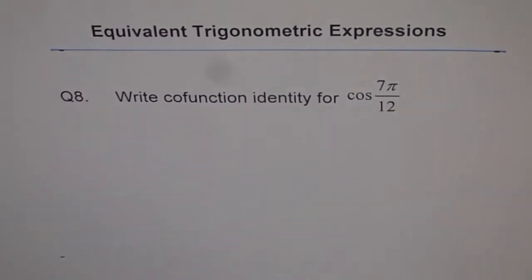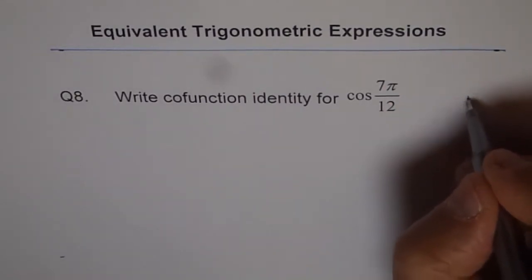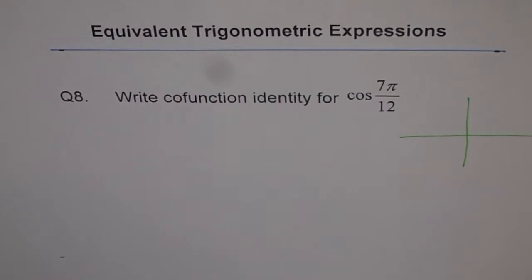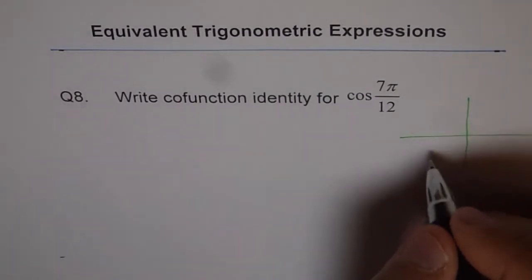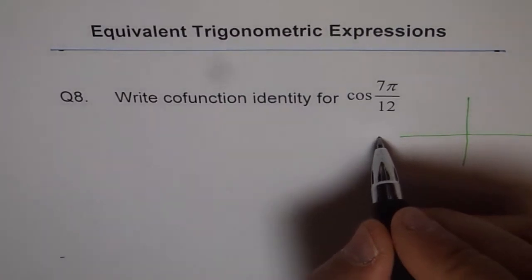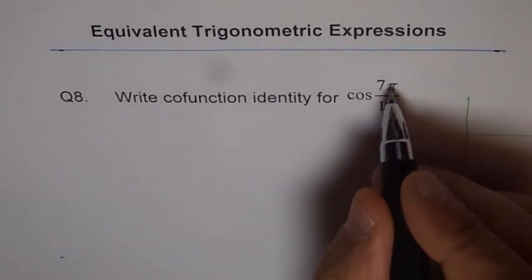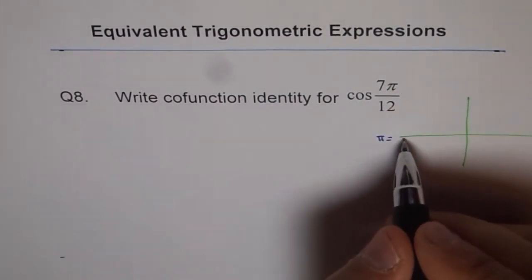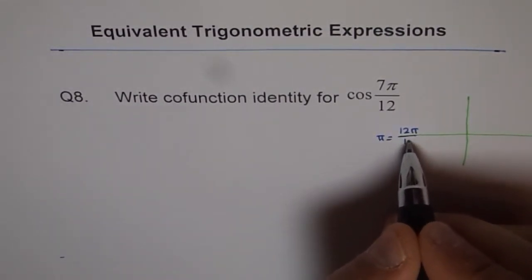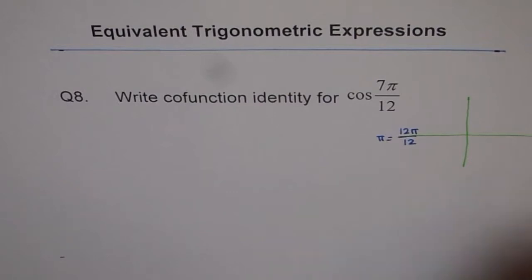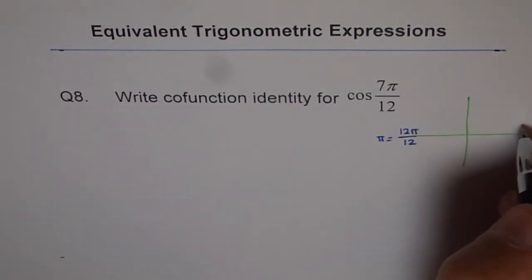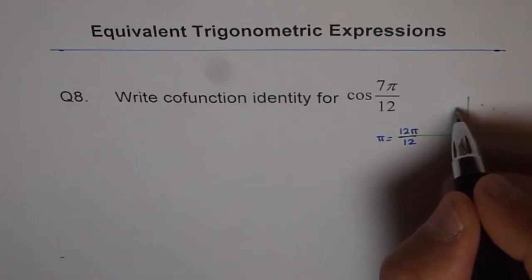Let's figure out where this 7 pi by 12 lands on a coordinate system. Let us say this is our coordinate system, and we start here from 0 and this is our pi. Now if we divide it into 12 parts, this is 12 pi over 12. So 12 pi over 12 means there are 6 divisions here, and 6 here.